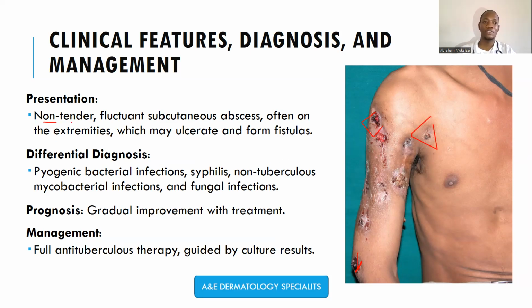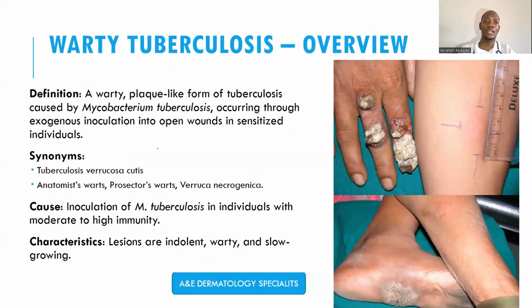So these nodules are usually non-tender, they are fluctuant, and oftentimes in the extremities, they can ulcerate and then form fistulas. The differentials you can think about other pathogenic bacterial infections, syphilis, the atypical mycobacteria, or even deep fungal infections. So management still anti-TB medicine depending on your guideline.